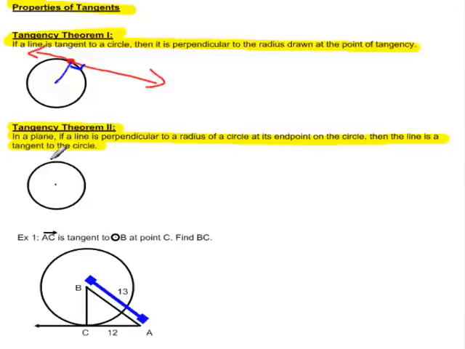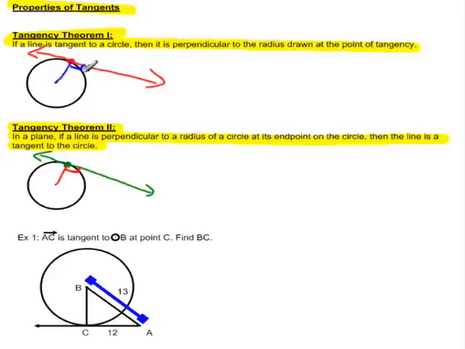Theorem 2 says this: if you have a line that appears to be tangent and you have a radius, and you see a right angle, then you know this line is tangent.